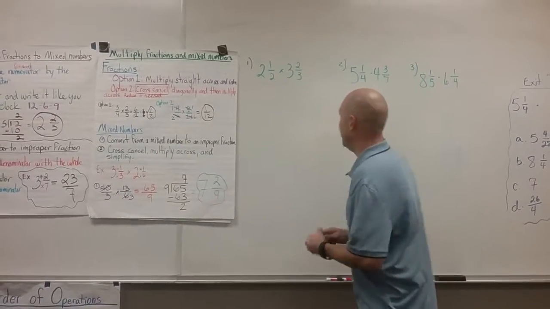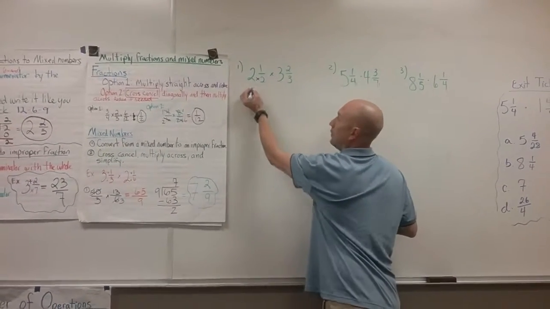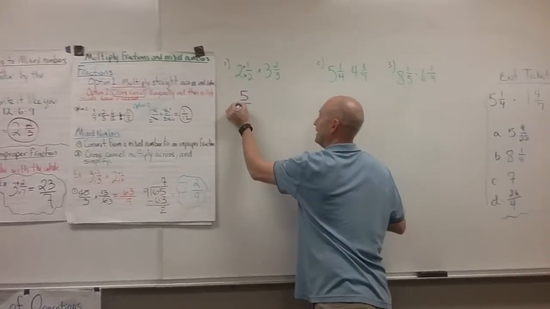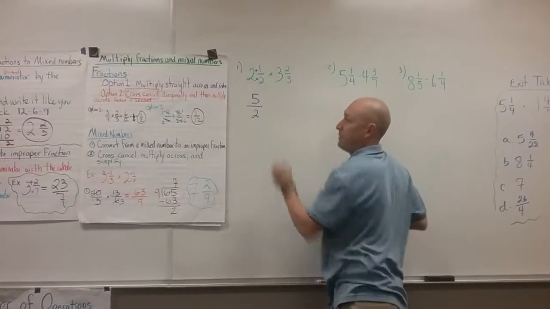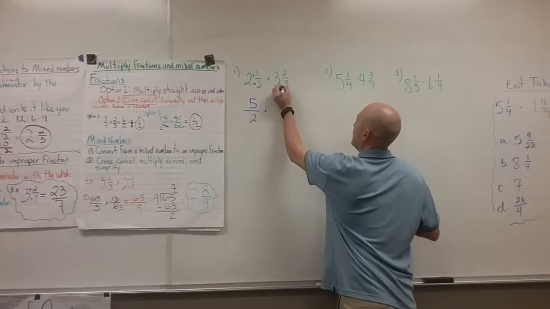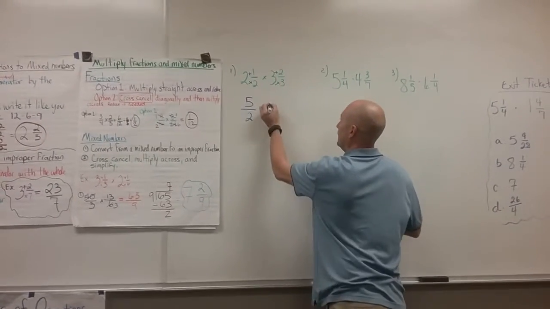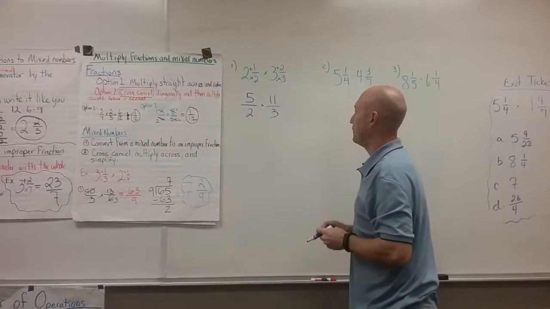So the first thing I want to do is convert. I take 2 times 2 is 4, plus 1 is 5, and I leave it over the denominator of 2. So 2 1/2 becomes 5/2. Times 3 times 3 is 9, plus 2 is 11, and I have the improper fraction of 11/3.